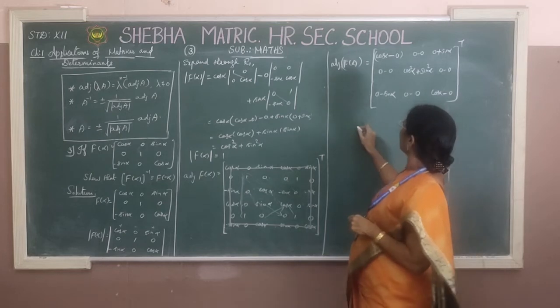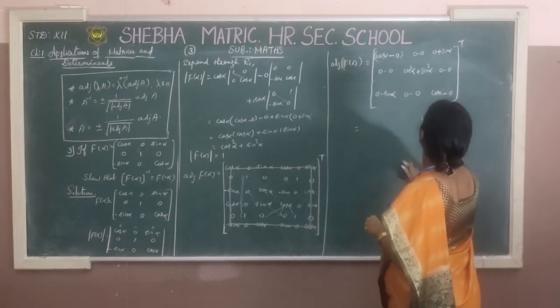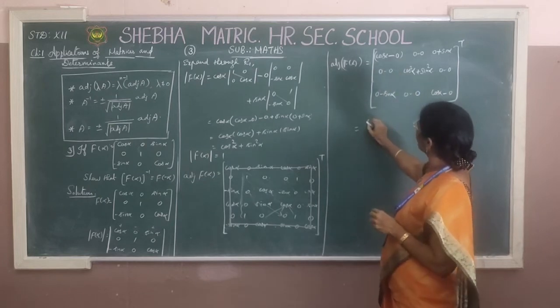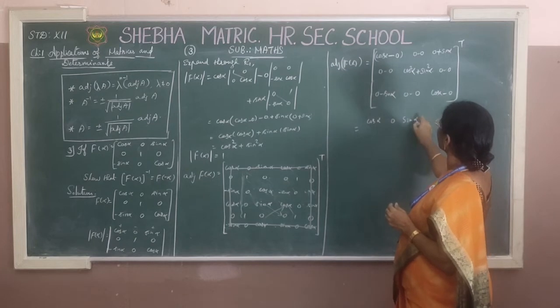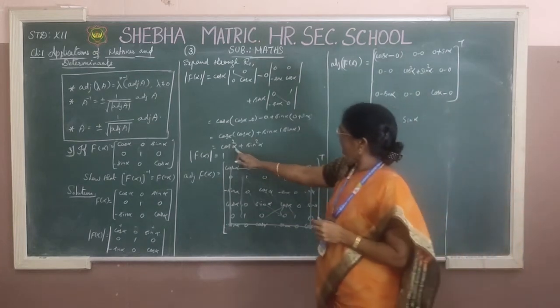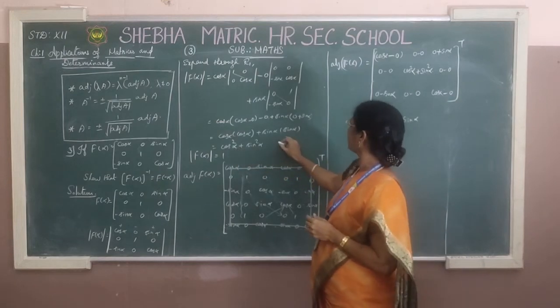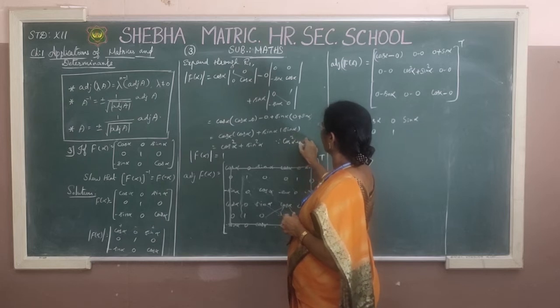In the next line you have to expand this. Cos alpha minus 0 is what? Cos alpha, and 0 sin alpha, here 0 1. You know very well, cos square alpha plus sin square alpha is what? 1. Cos square alpha plus sin square alpha equal to 1.